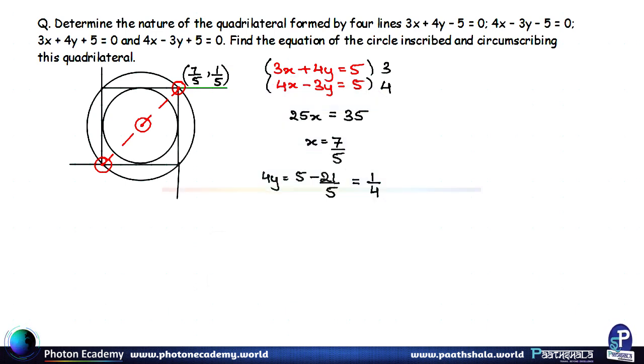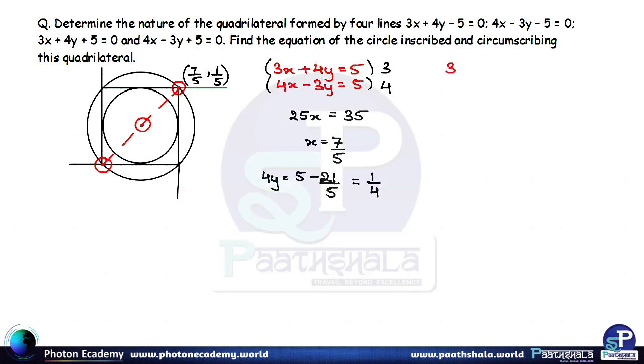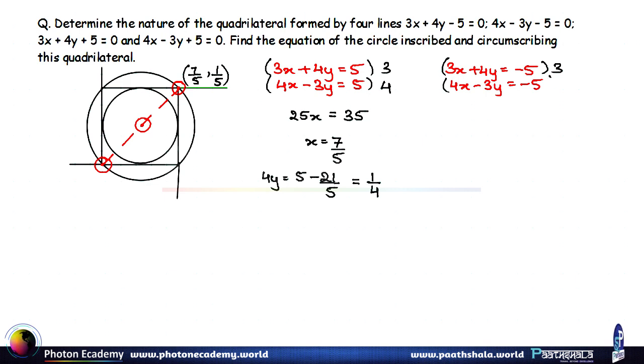Now let's do the same thing for the remaining 2 equations. So 3x plus 4y is equal to minus 5, and 4x minus 3y is equal to minus 5. Multiplying the first equation by 3 and second by 4 and subtracting, we get 25x is equal to minus 15 minus 20, so minus 35.